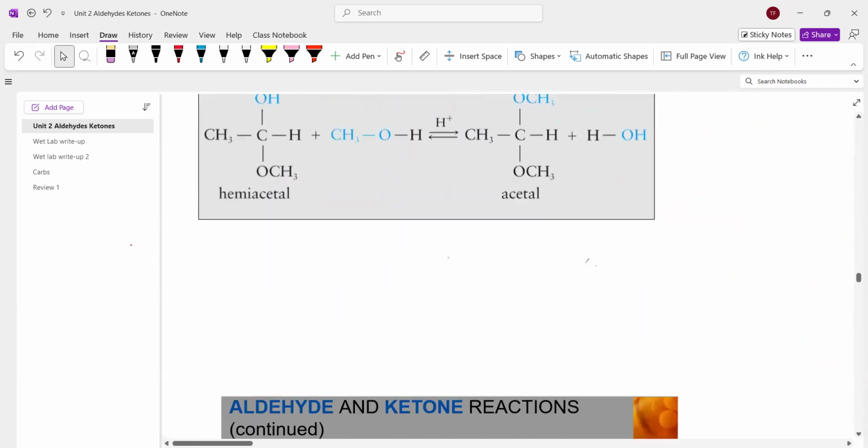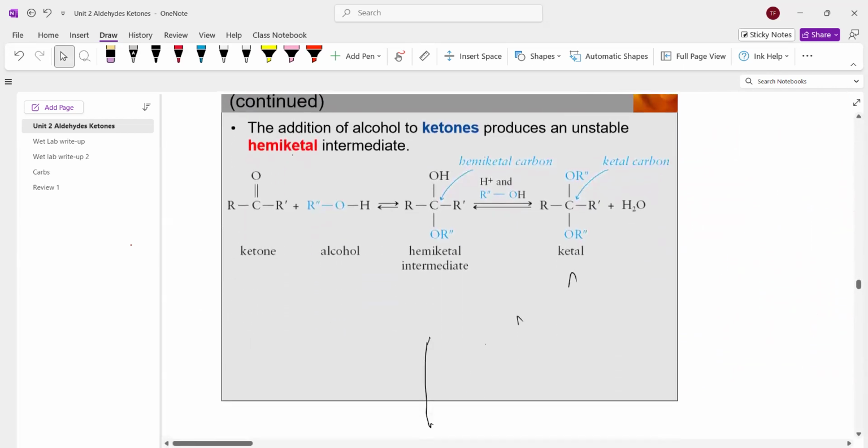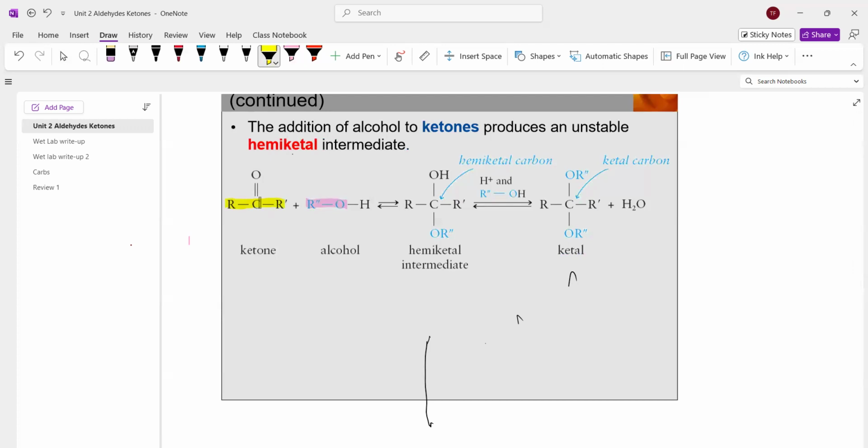Let's see, where is it? Where's the ketone? Here's the ketone. Okay. All right, so we have the alcohol again, and then we have the ketone. And the ketone is the primary backbone.